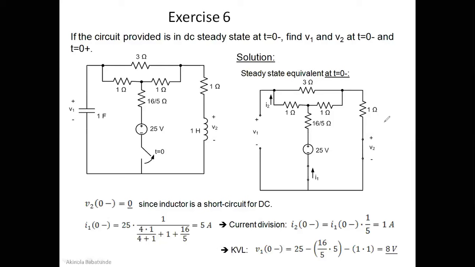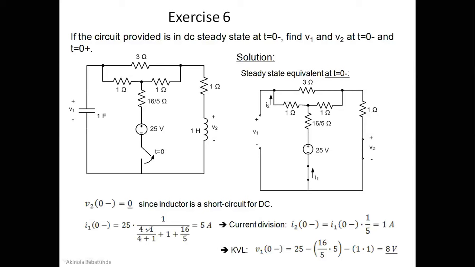Okay, so if you find the equivalent resistance, since we know these guys are in series, that becomes 3 plus 1, that's 4. Okay, 4 and 1 are going to be in parallel. If 4 and 1 are in parallel, that simply means that we can have 4 times 1 divided by 4 plus 1, which gives us a parallel combination of this and this.